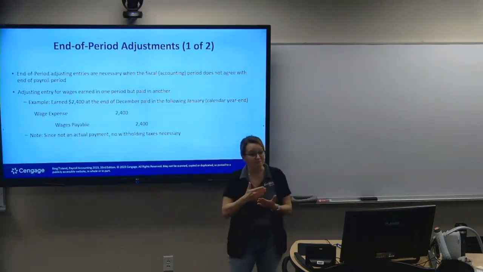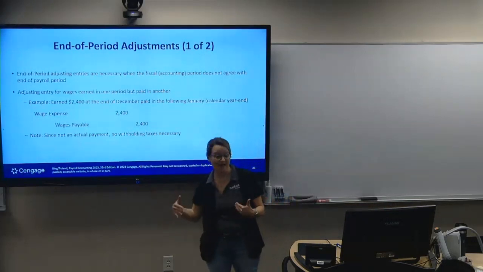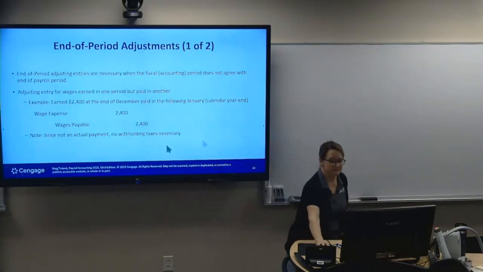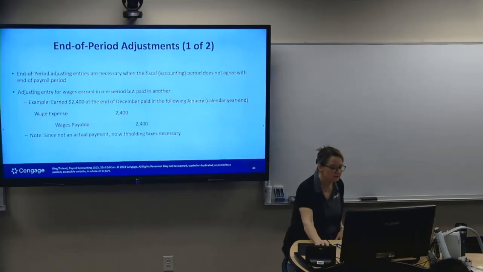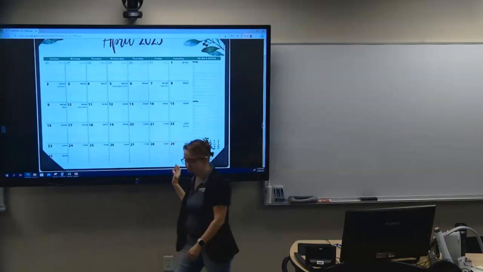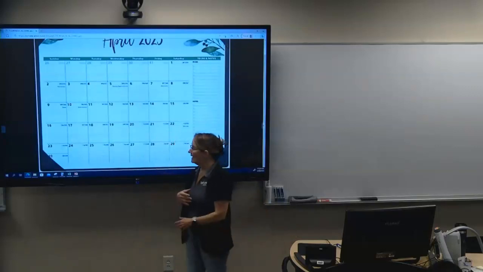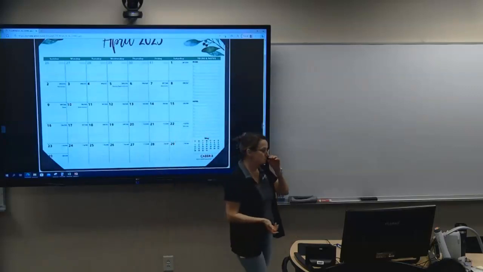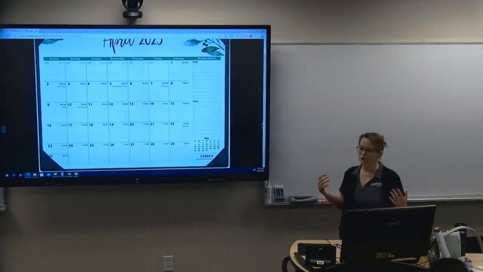You have to first off calculate what that liability is, right? So for example, we'll go back to this calendar here for a second. Let's just say that it's just a Monday through Friday work schedule, and our employees all together earn $1,000 a day, right?